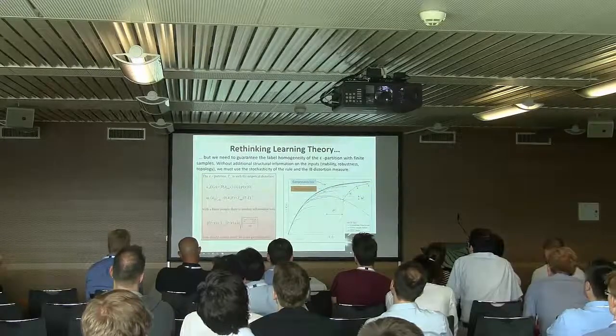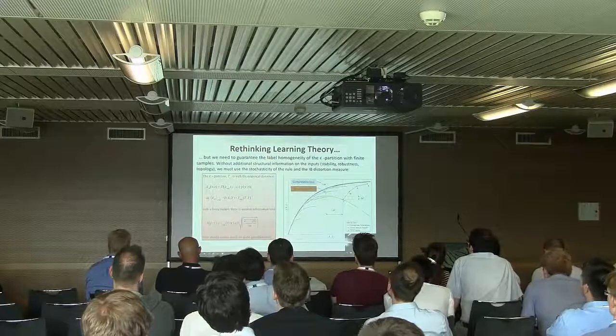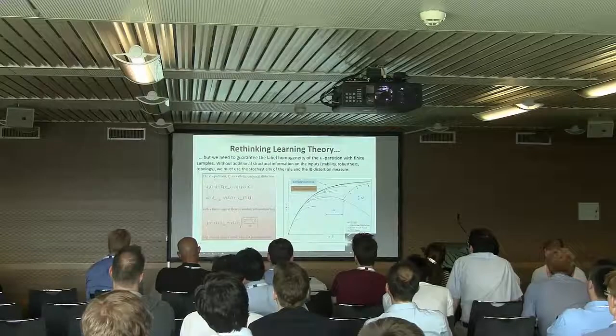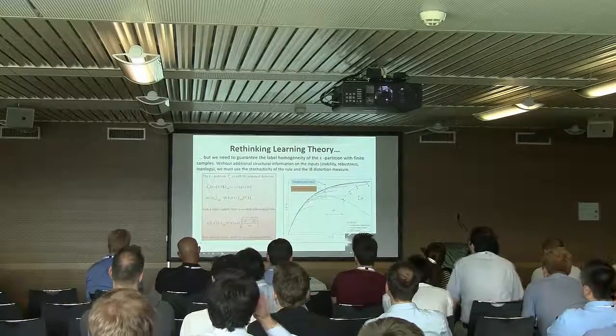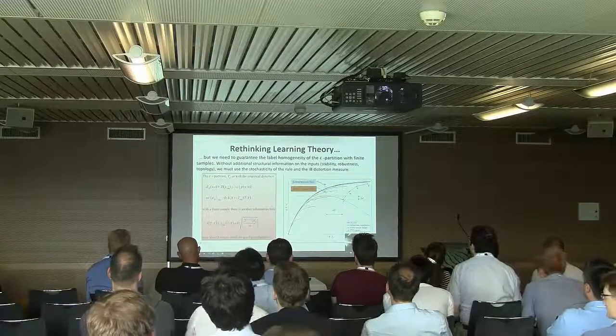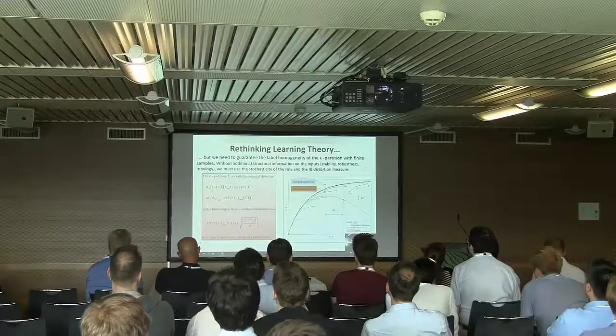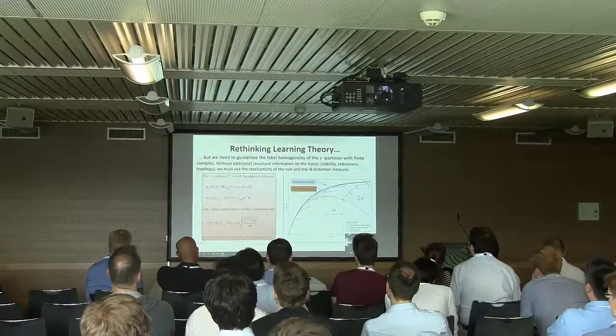Of course, the more data I have, the more the red line is going to get closer to the black line. But notice that with the red line, without any compression, with finite data I do very poorly.